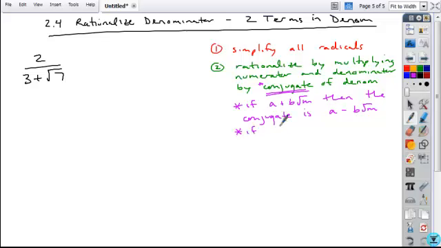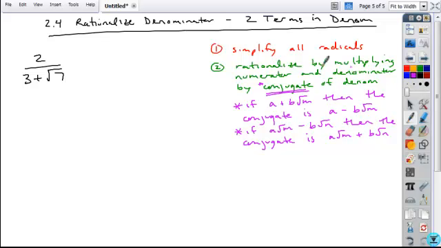Okay, so what that means is, let's say you had a root m minus b root n. Again, it can be one term has a radical, or they can both have a radical. The conjugate is simply going to be the same two terms, so a root m and b root n, opposite sign between. So there was a negative here, so this changes to a plus. So that's how you identify conjugates.